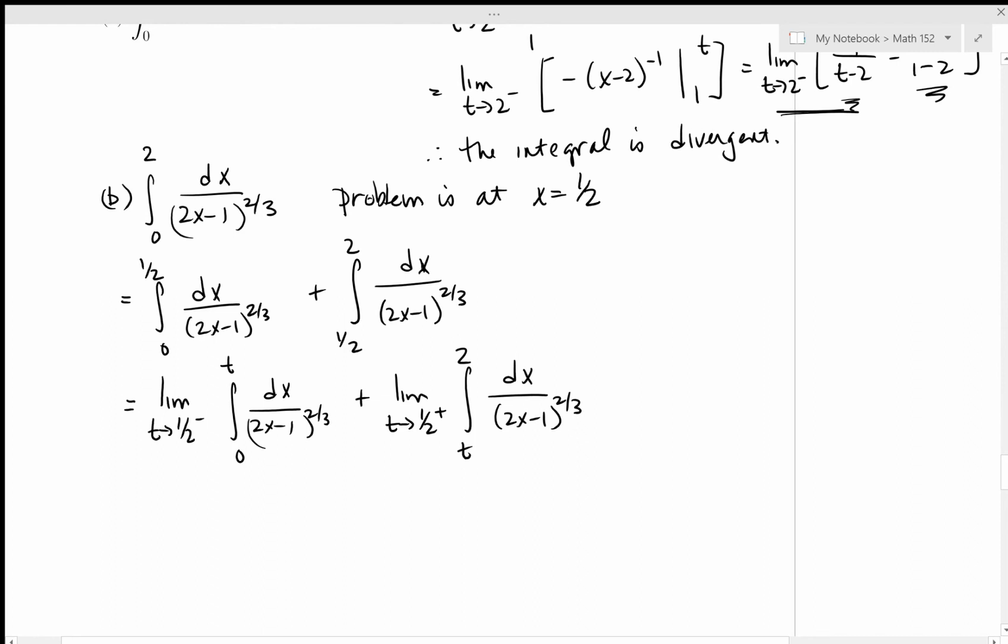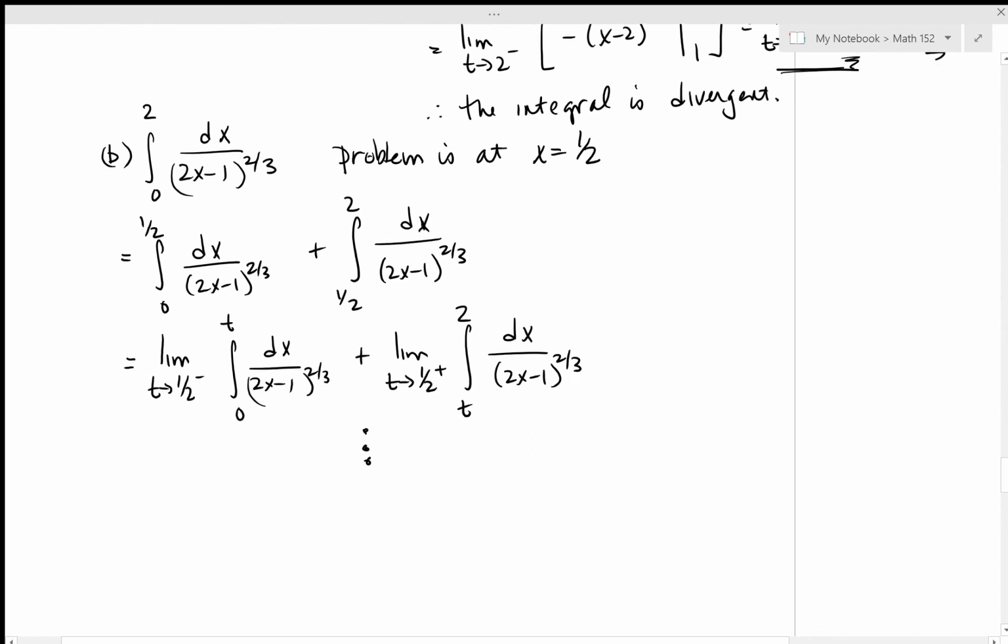Okay, so there are a few steps here. Please do the integration and substitute in t and the 0 and the 2, and so I'll just put an additional step down here, the actual limit that we end up having to take.